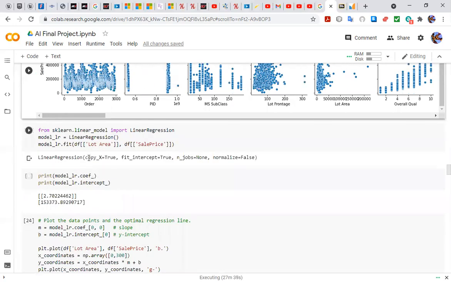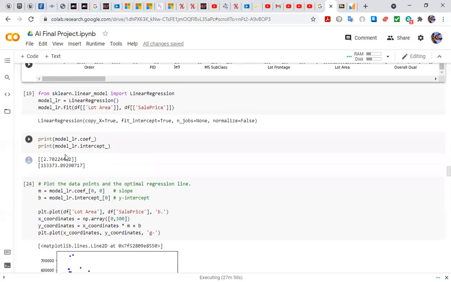All right, down here I have a linear model using sklearn for linear regression. The model is going to fit the data of the lot area and the sale price. Down here are the model coefficient and the y-intercept. The model coefficient is 2.70 and the y-intercept on the graph is 153,378.892.